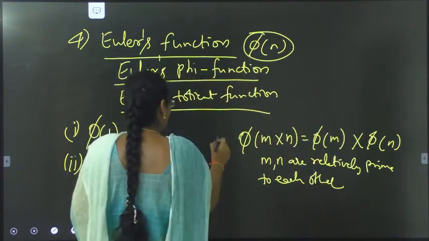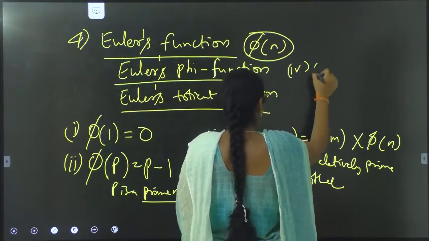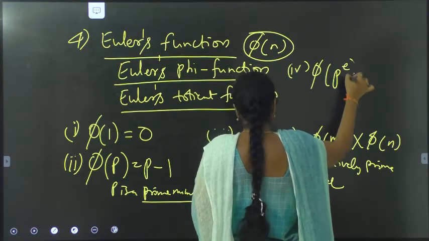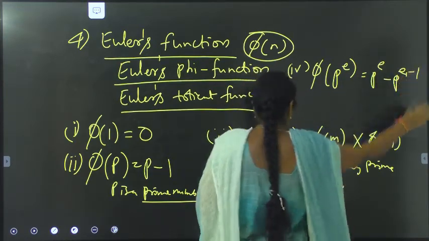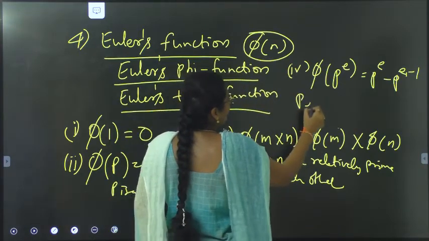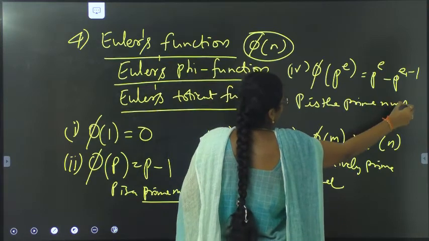And finally fourth point. So what is the fourth point we have? Phi of p power e equal to p power e minus 1. So here also p is the prime number.